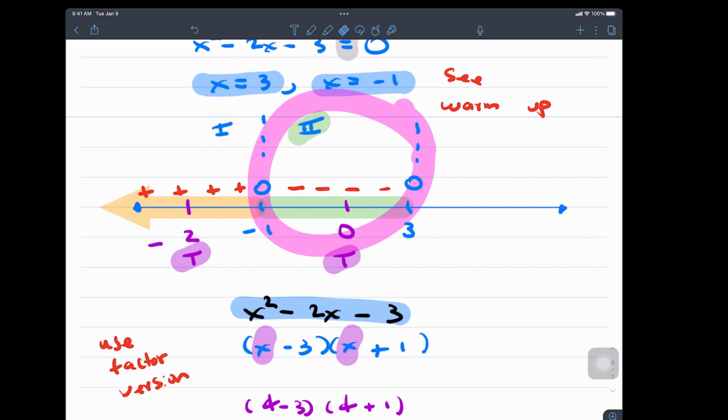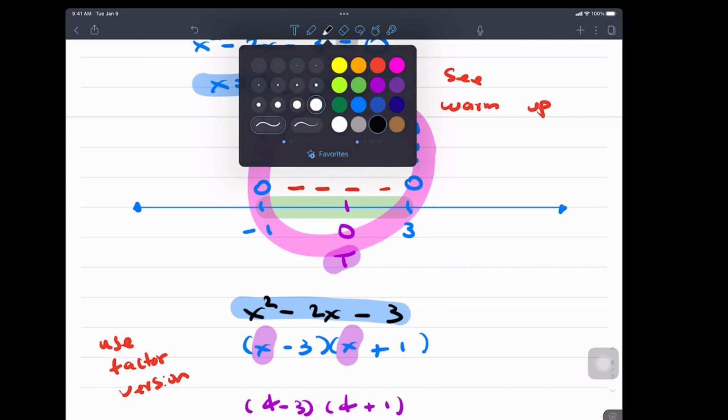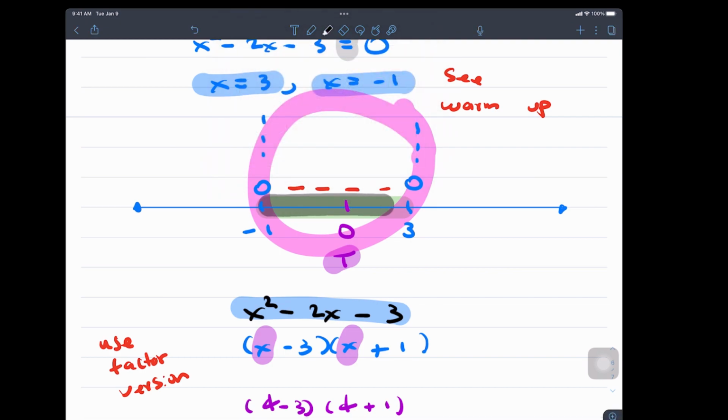Just to share with you guys what I really mean by that. Clean it up. This is where it's negative. You're actually looking at the answer. You just have to shade it. You say, it's already shaded green. Well, you got to shade it.